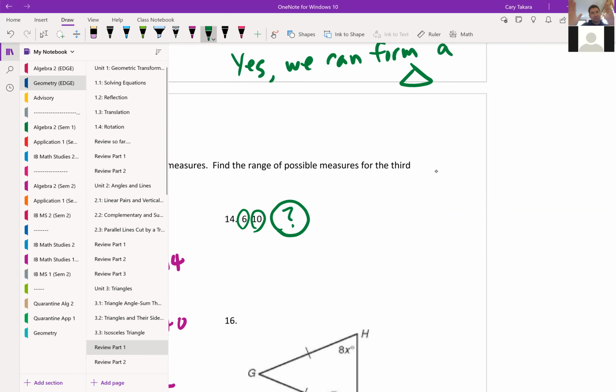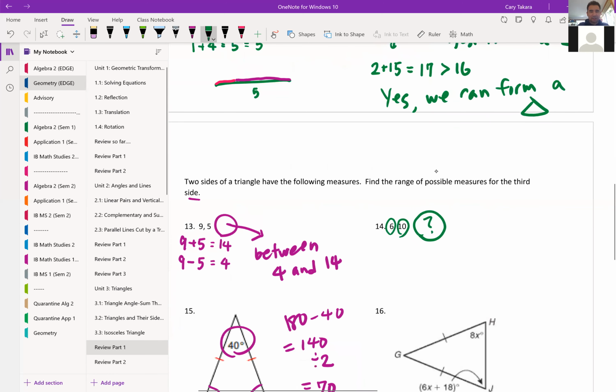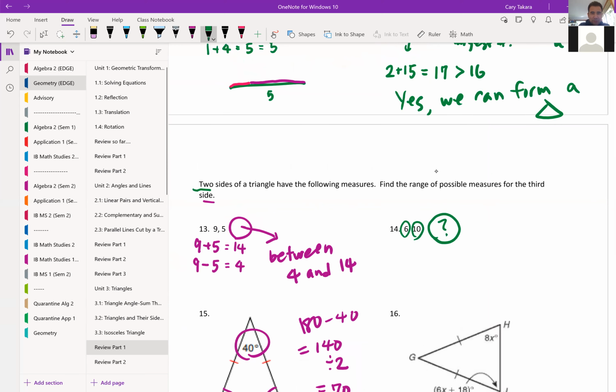There is a sort of a window, isn't it, for the third stick. Let's read the instruction. It says, two sides of a triangle have the following measure. In this case, it's 6 and 10. Find the range of possible measure of the third side.